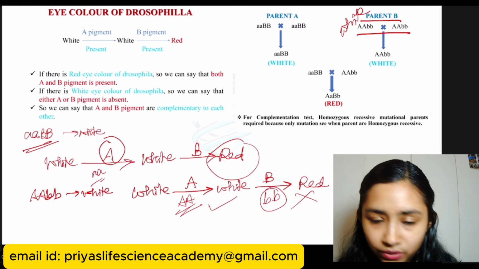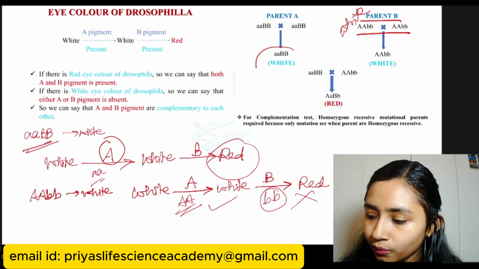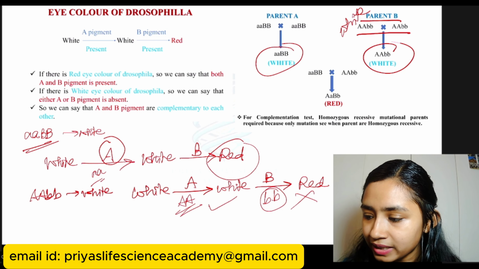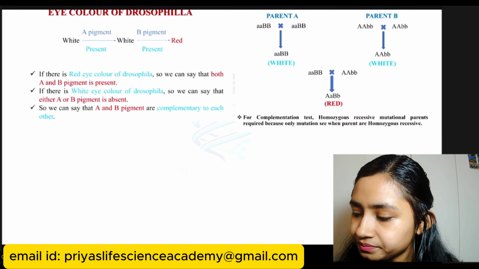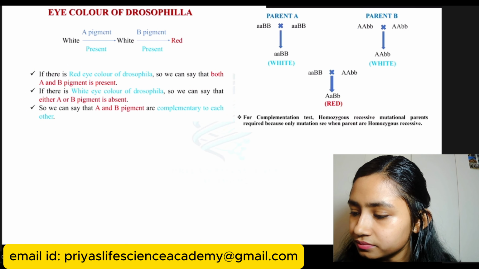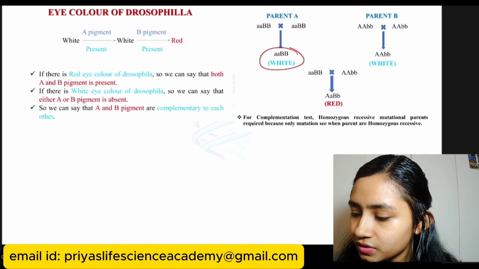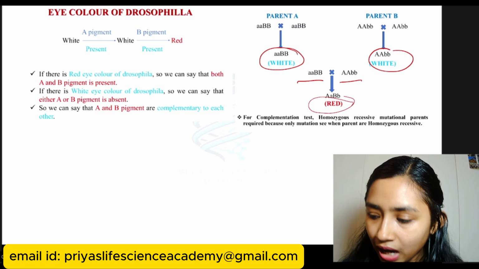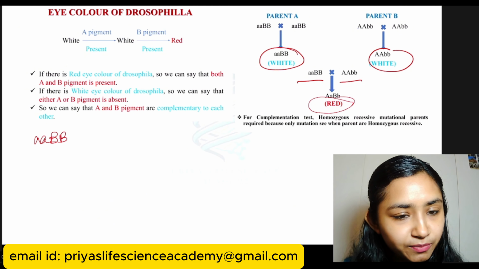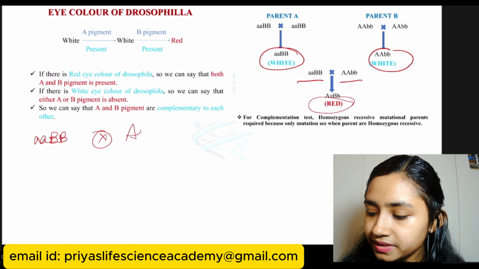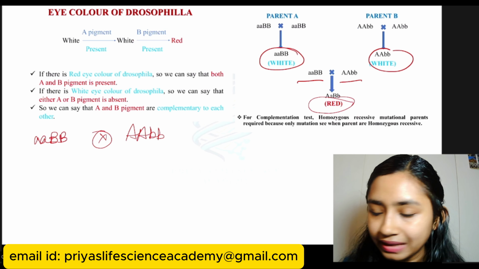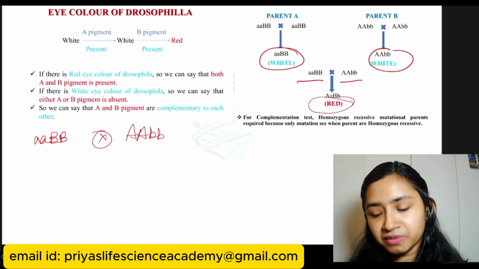So when you cross this white parent with this white parent, what will you get? You will get a red offspring. How? Because this is a white parent, small a, capital B. This is again a white parent, capital A, but small b.